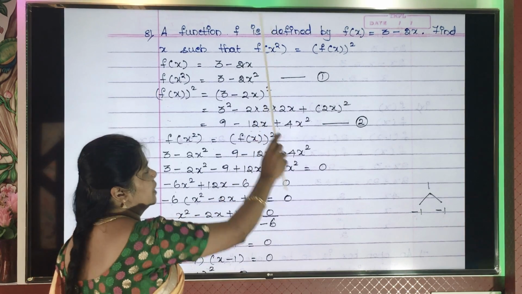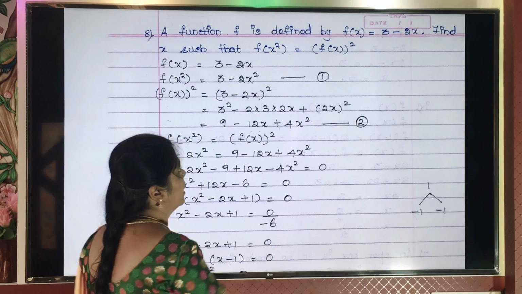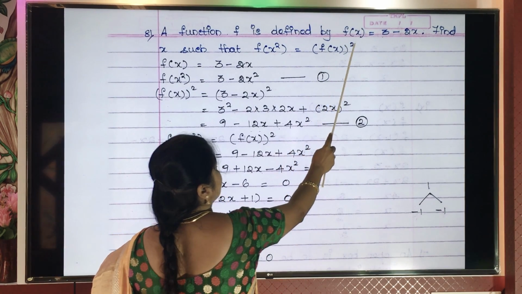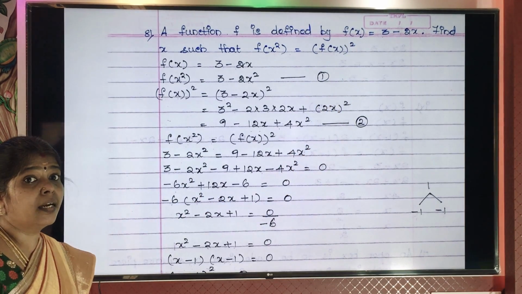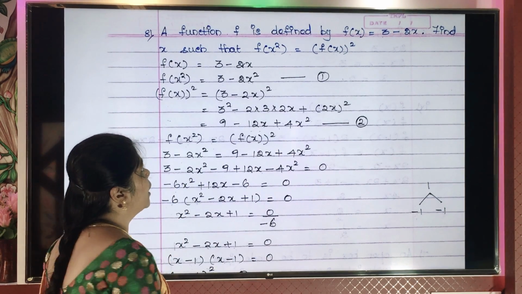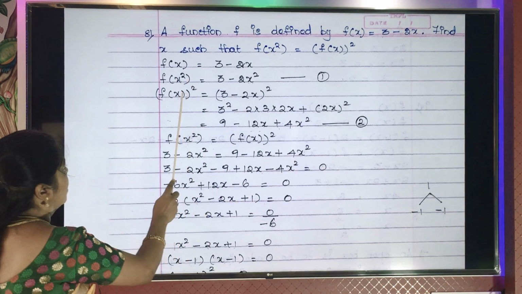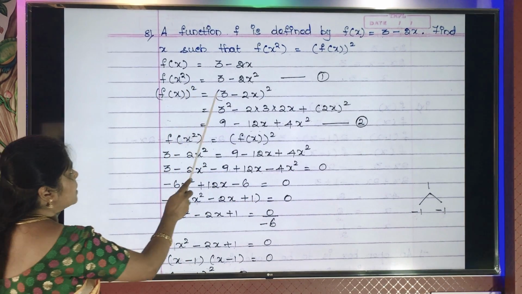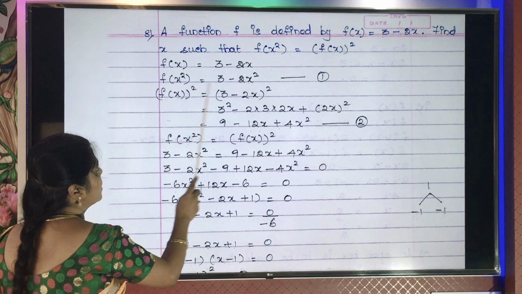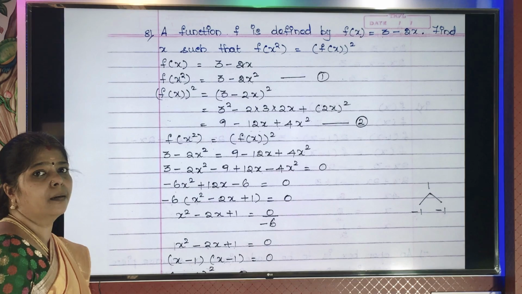So left hand side condition I have got. Now go to the right hand side condition. What is that? F of x the whole square. And you all know f of x is 3 minus 2x. So f of x the whole square means in the place of f of x I am writing 3 minus 2x the whole square.